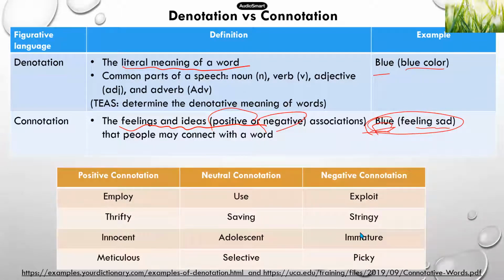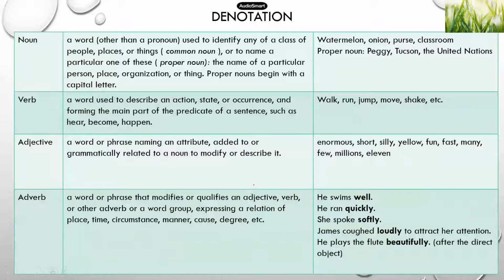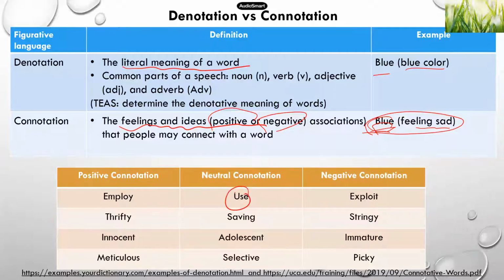This shows you that some of the words can definitely be used to have a positive association or a negative association. So let's look at the word use. That's very neutral. If I say employ, that has a positive association.